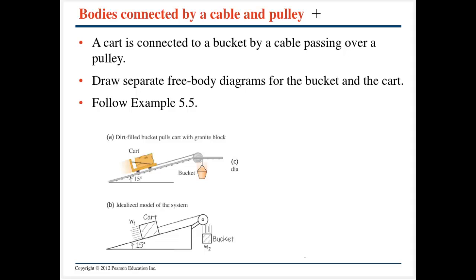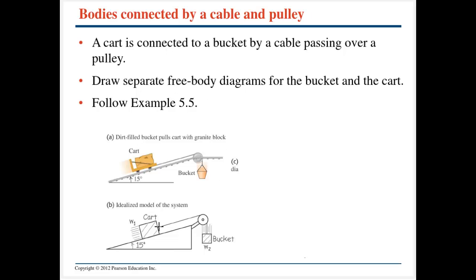If we consider bodies that are connected by a cable and a pulley, very typically what we do is we assume that the pulley is totally frictionless, totally weightless, and the same with the rope that connects them. It just makes our life a little bit easier.